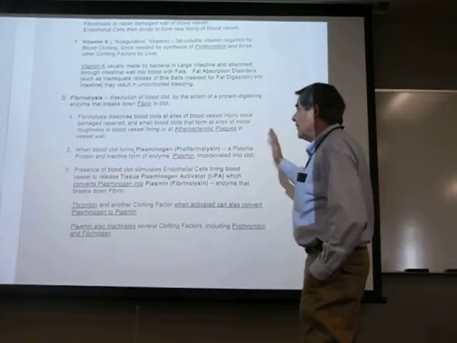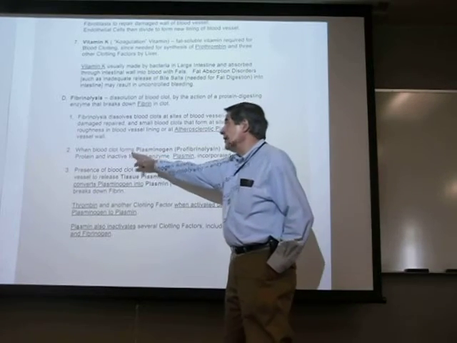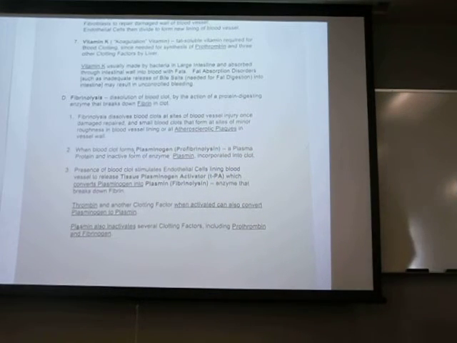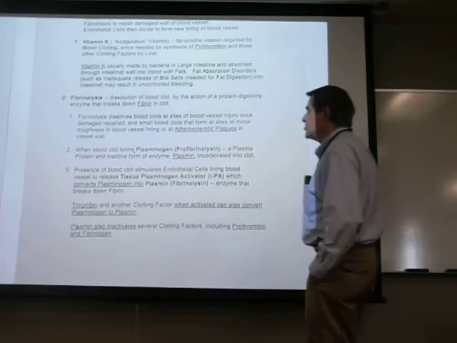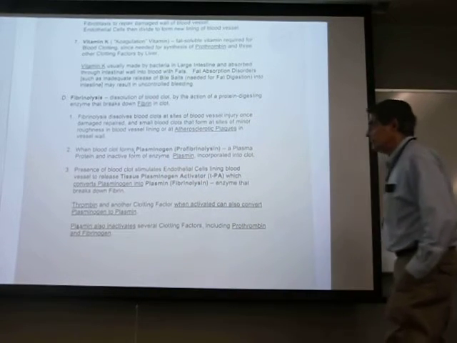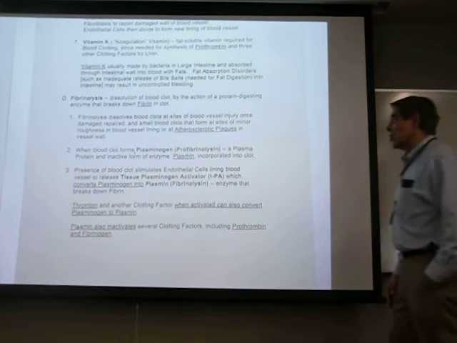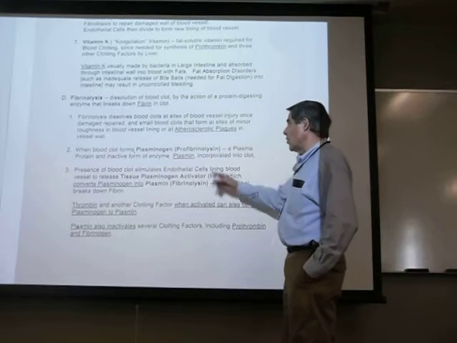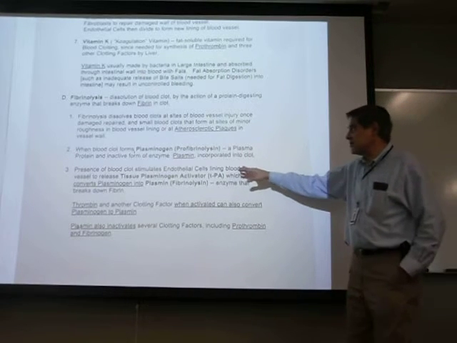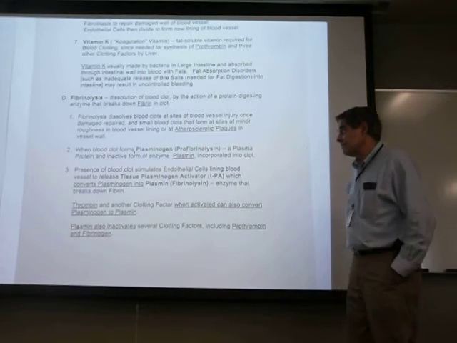And there is actually, in the clot itself, what you need. It's an inactive form of an enzyme that's going to dissolve the clot. And this is called plasminogen or profibrinolysin. The active enzyme then is called plasmin or fibrinolysin. The inactive form is incorporated in the clot.